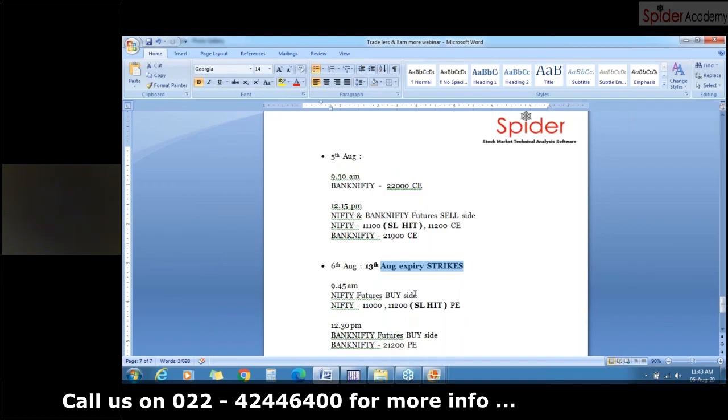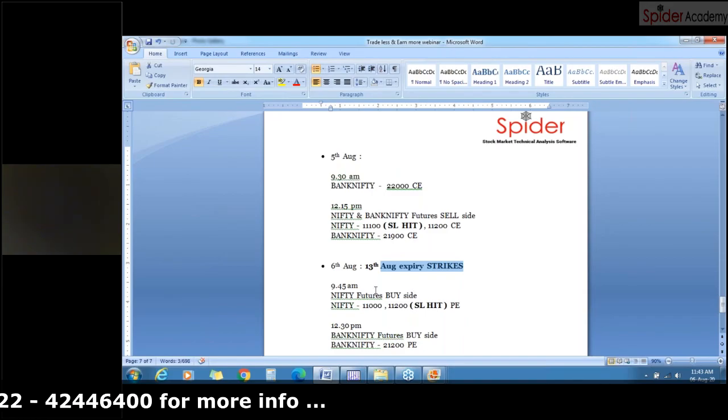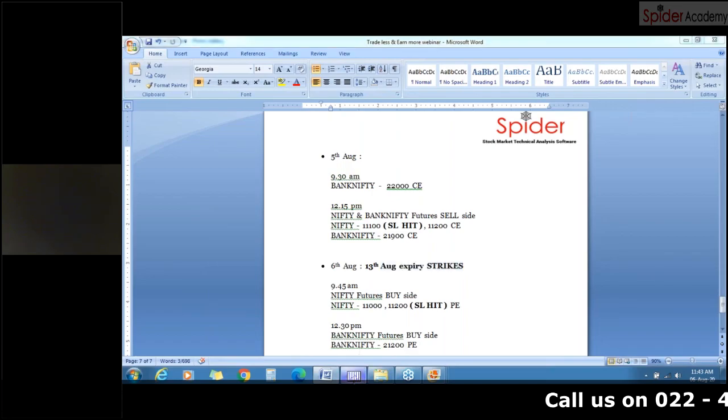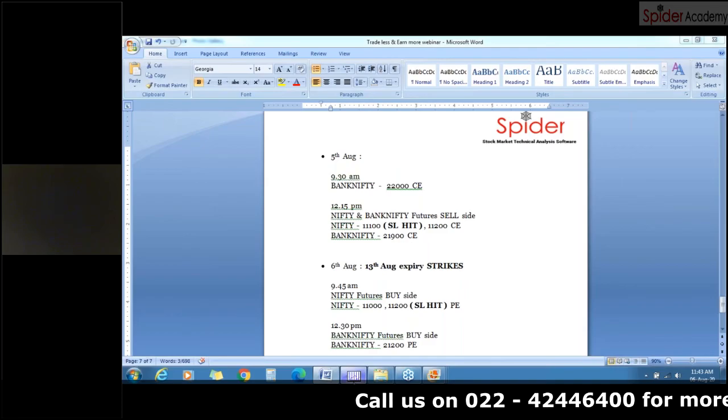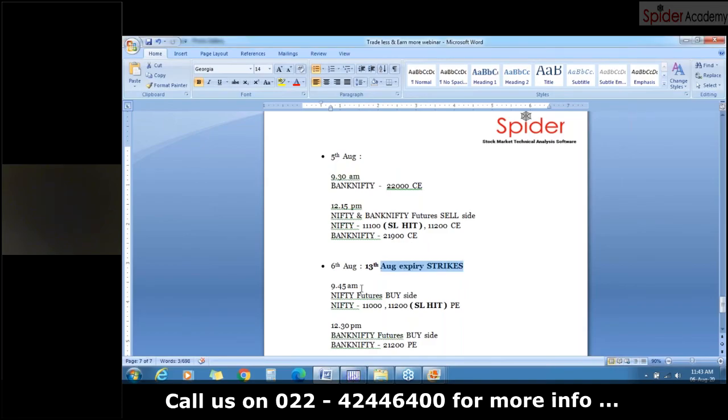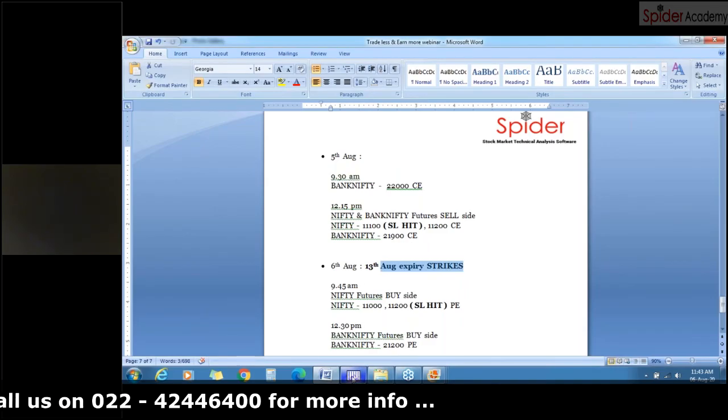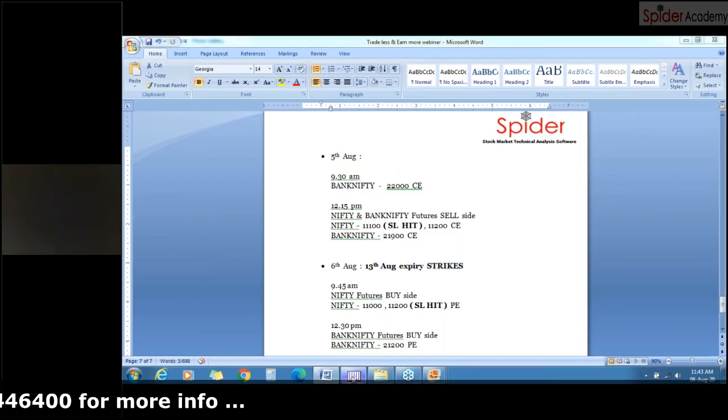Okay, so we will first check the Nifty and Bank Nifty, as we got Nifty futures buy side at 9:45 a.m. So we will look at 9:45 a.m. Nifty Bank Nifty.